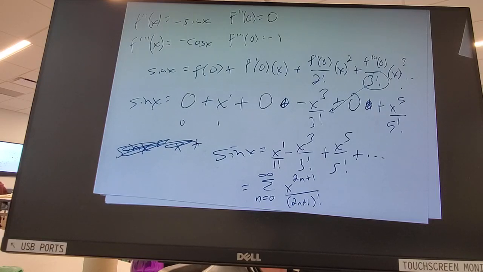Now here's what's really cool. All right, listen, this is your first time you've ever seen this as far as I know. Did we recapture the tangent line? Yes. What did we get for the tangent line? Sine x equals x. Yes? And that's the first piece.